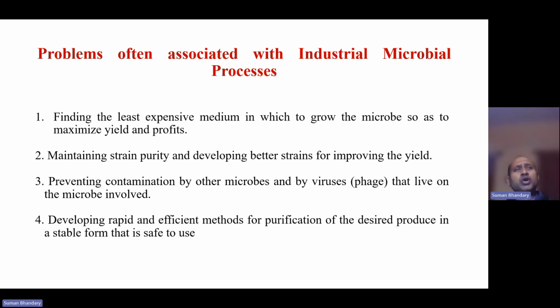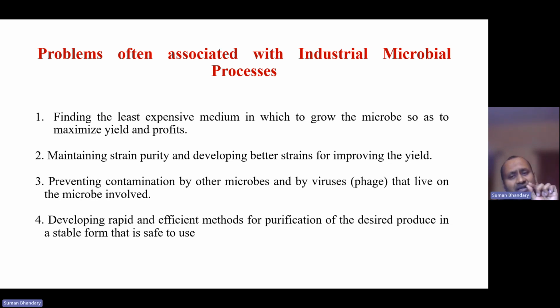Generally, we consider corn steep liquor that is coming from the sugar processing industry. We consider whey that is coming from the milk industry to prepare the large scale culture medium in a cost effective manner. Next point is maintaining strain purity and developing better strains for improving the yield.